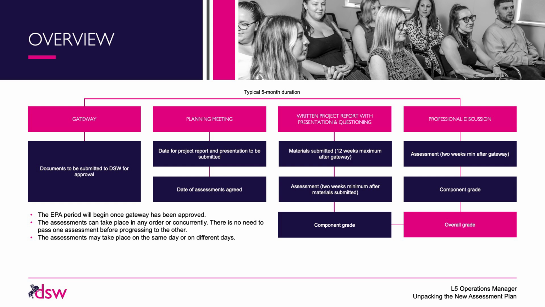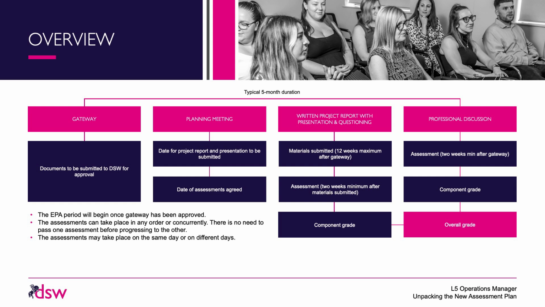DSW does recommend apprentices attend these planning meetings, as it allows the assessor to introduce themselves to the apprentice. So come assessment day, the assessor isn't some faceless human who will turn up to assess them. They have already been introduced, they know who they are, and there's a sense of comfort in being a part of the planning.